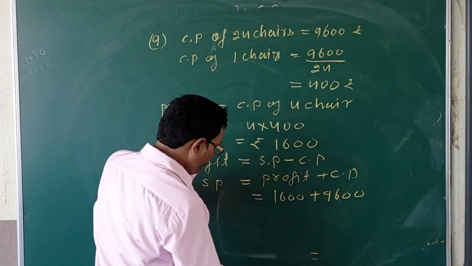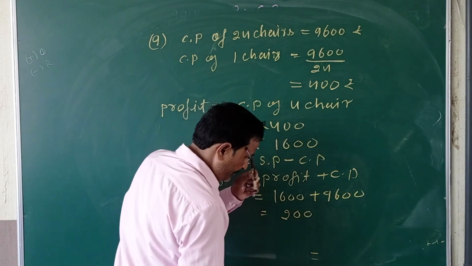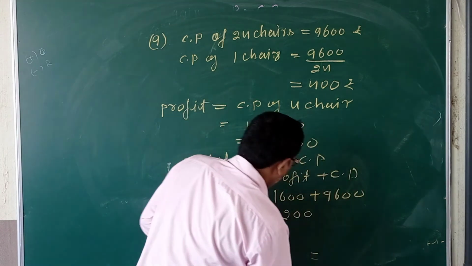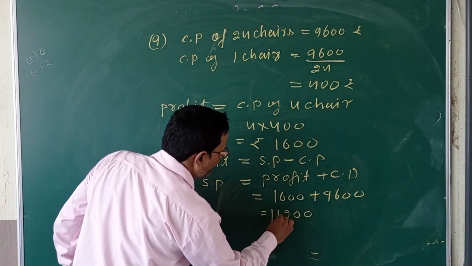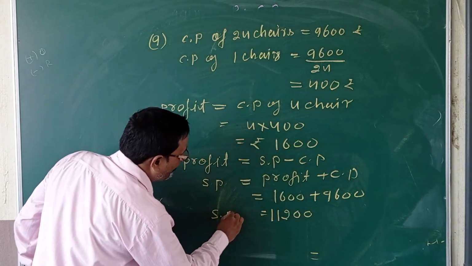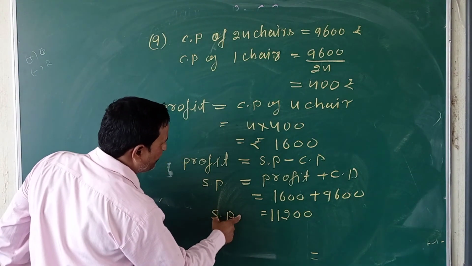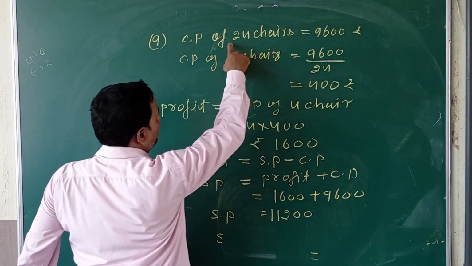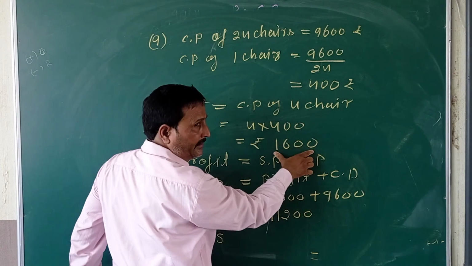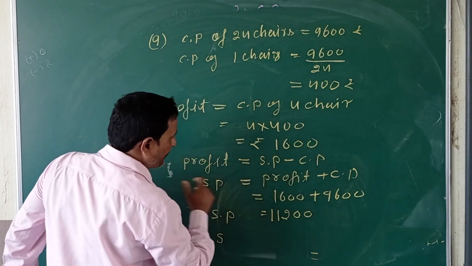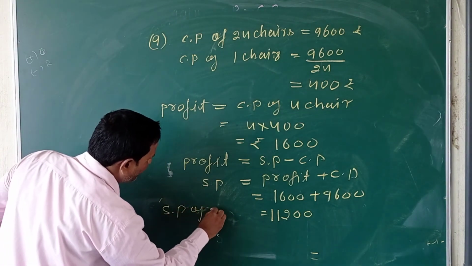That is coming to 11,200. This is the SP of 24 chairs. I have taken the CP of 24 chairs, and in that the total profit is 1600. So this is the SP of 24 chairs.